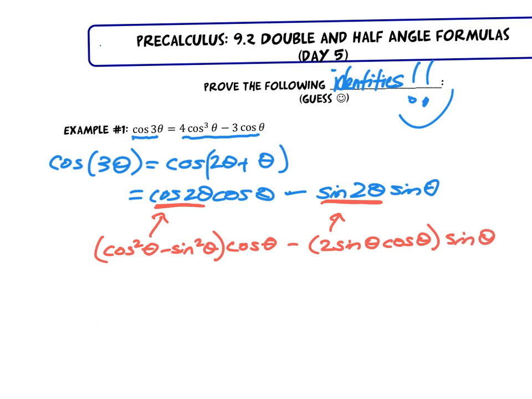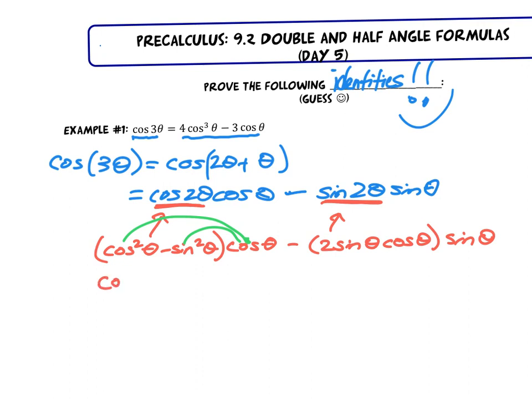Okay? Then what I want to do is go ahead and distribute the cosine theta and the sine theta. So when I distribute here, we're going to get cosine cubed theta minus sine squared theta cosine theta.